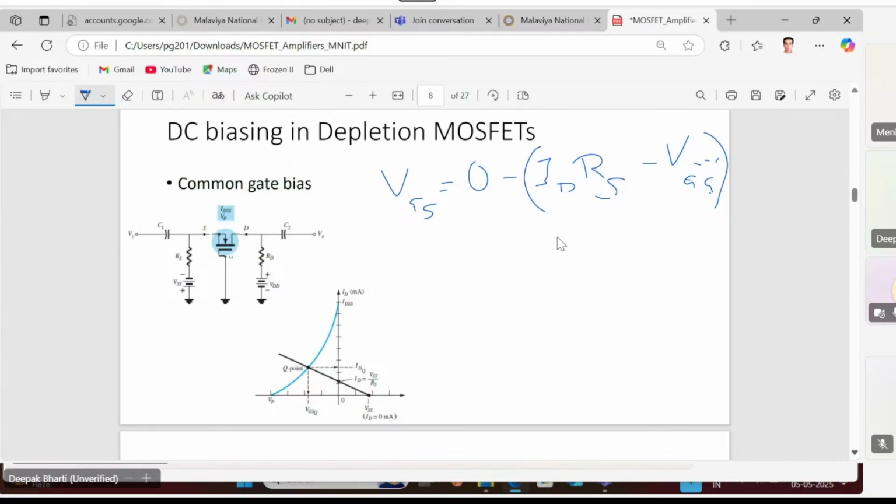So again, if we notice here in the transfer curve, ID versus VGS, this black line will be the equation of the load line, and again wherever it intersects with the transfer curve, that will determine your operating point.